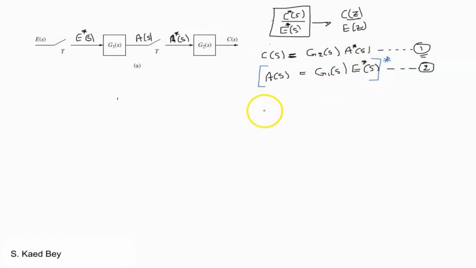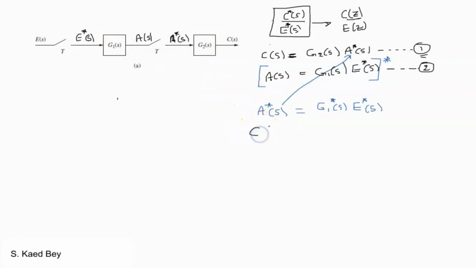This leads to A star of S equals the star of G1 of S multiplied by E star of S. This will lead into G1 star of S E star of S. So all we need to do now is to replace the value of A star of S in equation number 1.